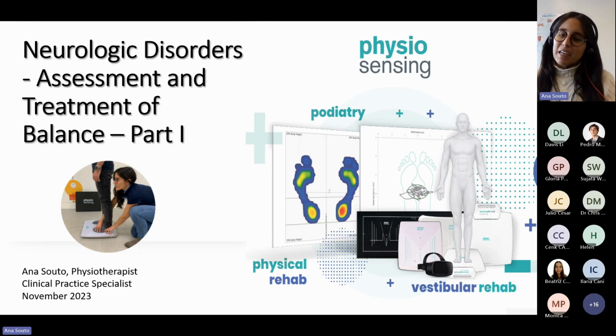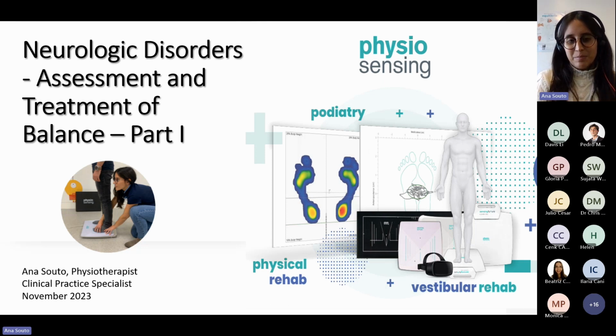I have a master's degree in human physiology, specifically in exercise physiology. I have worked in rugby as a physiotherapist, and also in clinical practice in neurology and orthopedics physiotherapy.